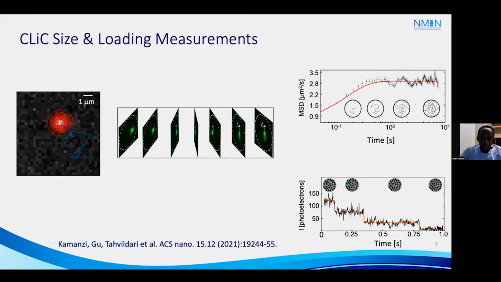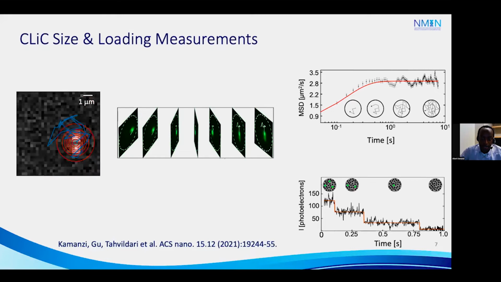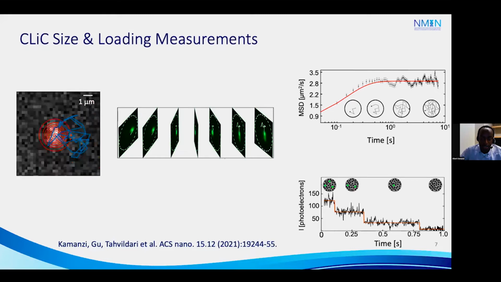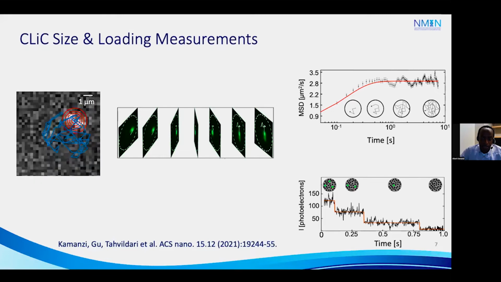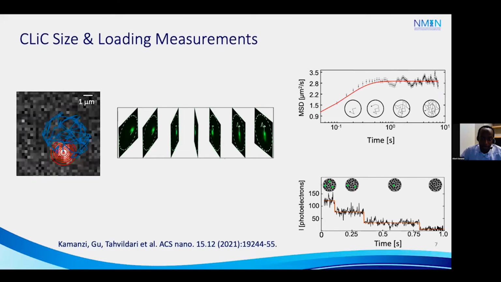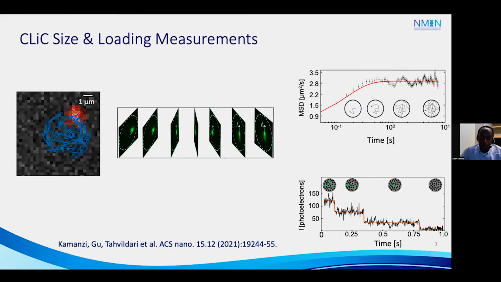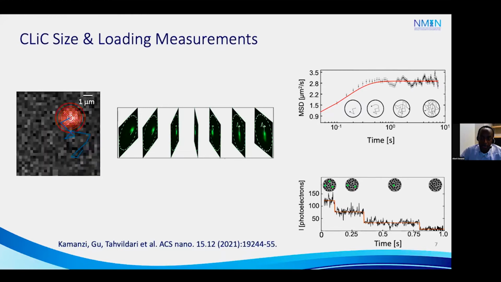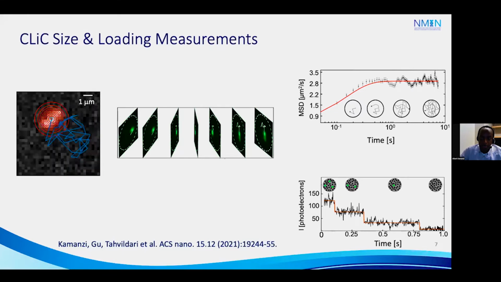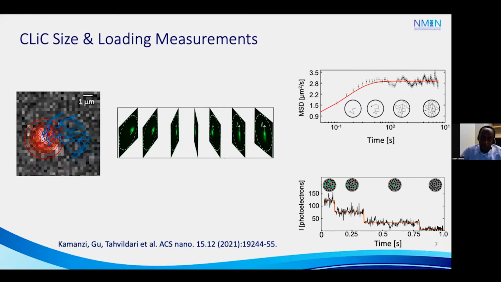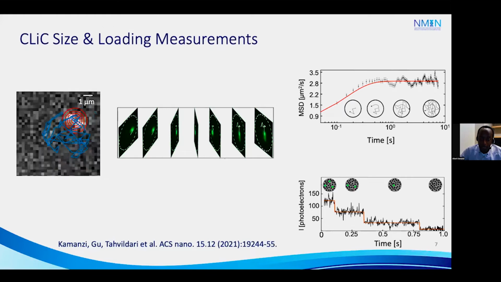The diffusivity directly tells us what the particle size is, while from the intensity information, we can actually count how many dyes we have per particle. So for example, if you label the drugs with a fluorescent dye, then perform photobleaching measurements, you can count how many dyes or how many drugs you have in a single particle.